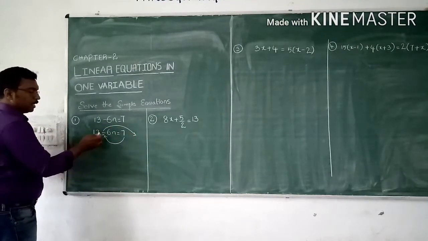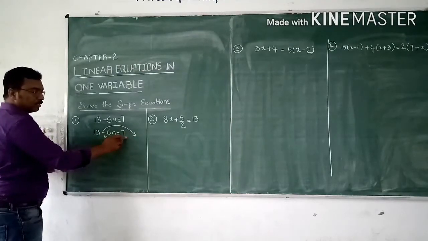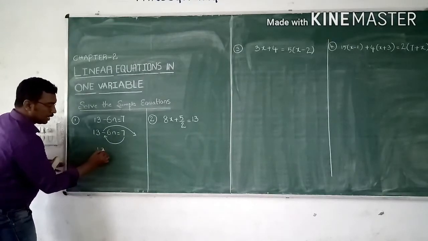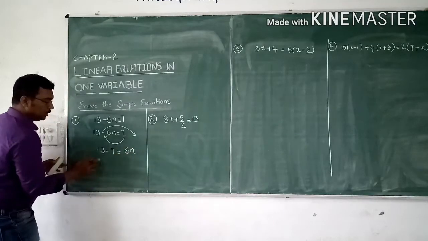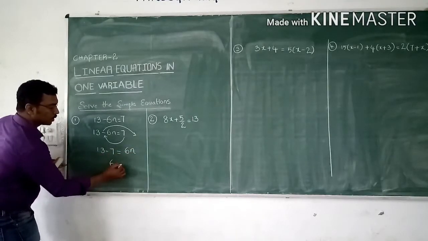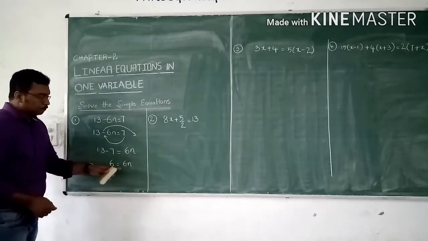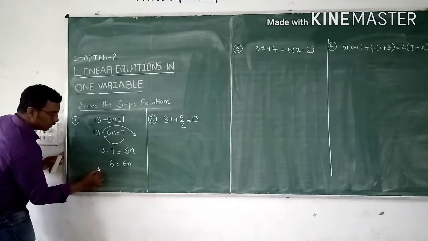Minus 6n becomes plus 6n when it comes to this side, and plus 7 becomes minus 7 when it comes to this side. 13 minus 7 is equal to 6n. 13 minus 7 is 6, so 6 is equal to 6n. Here in the product 6 into n, we have to divide both sides by 6.